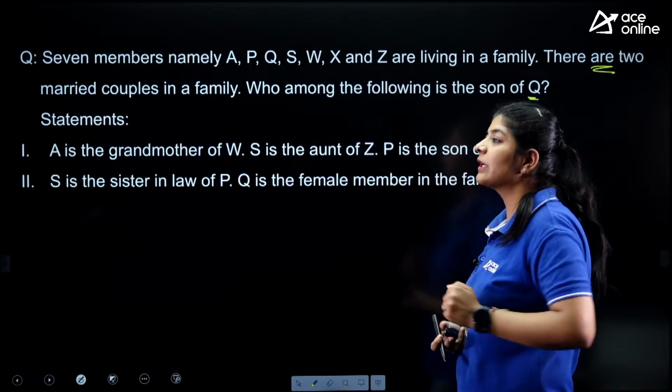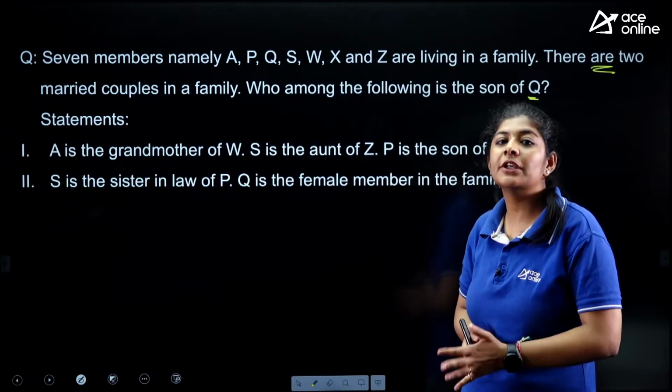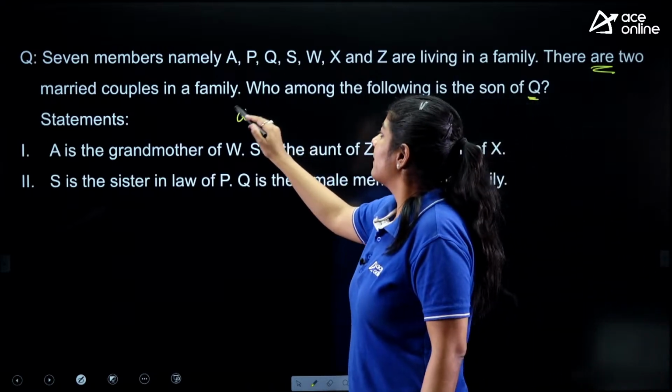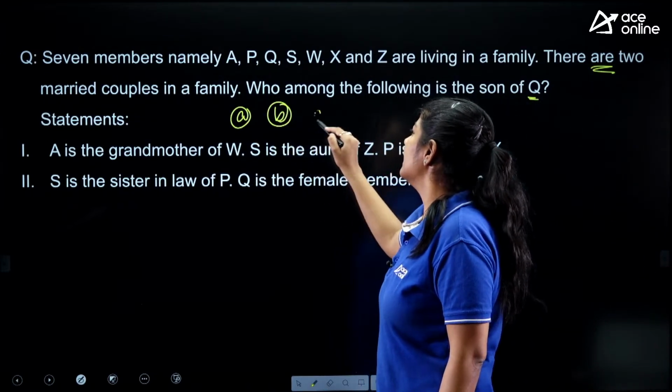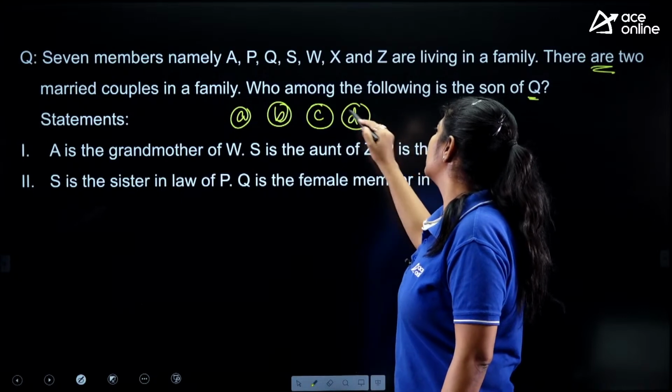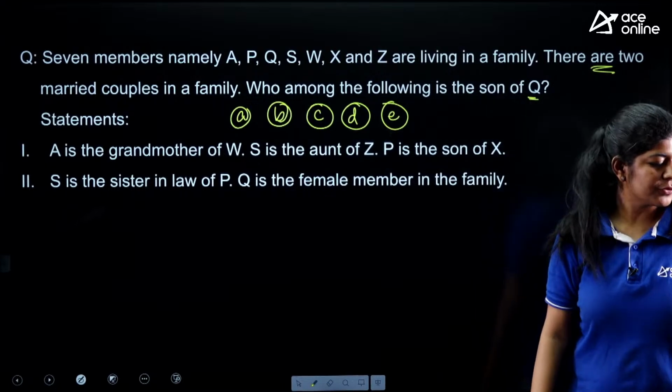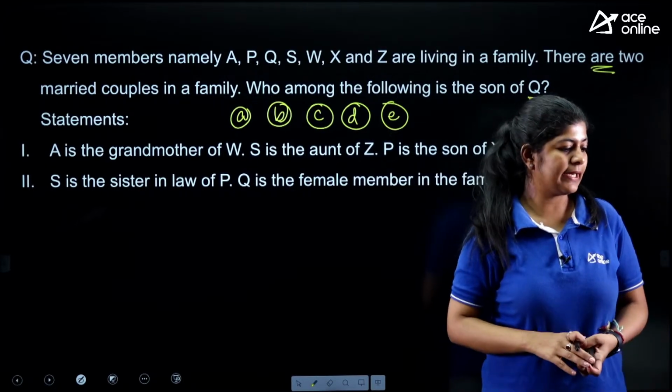If you read the statement carefully, you can eliminate a few options. Again, same options: A, B, C, D and E. Anyone in the comment section, what answer are we getting?